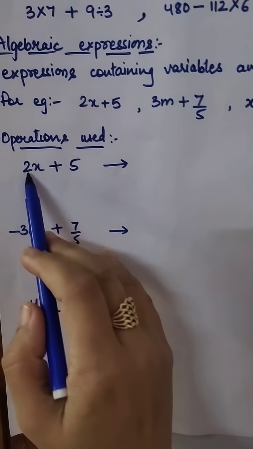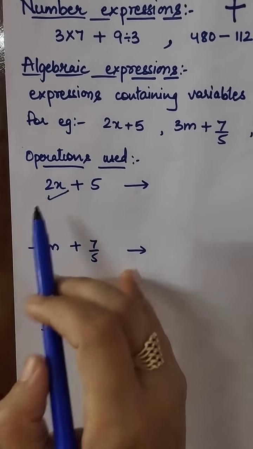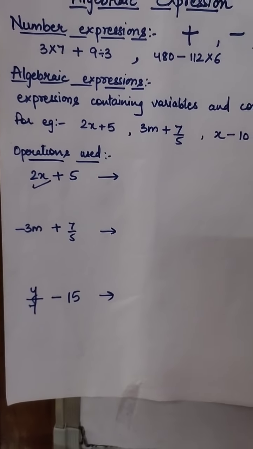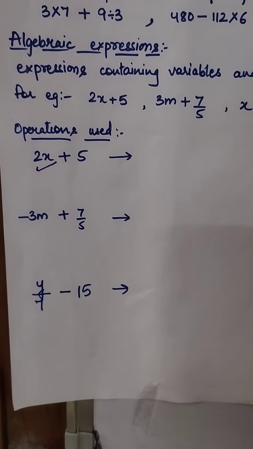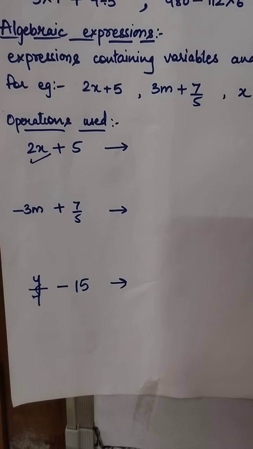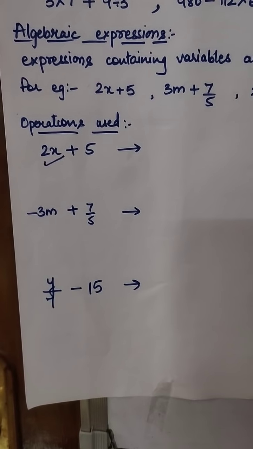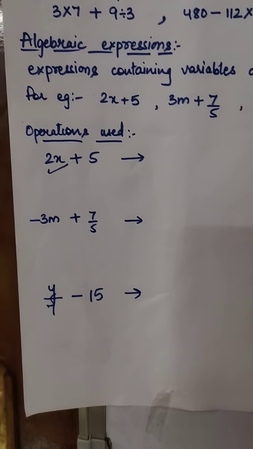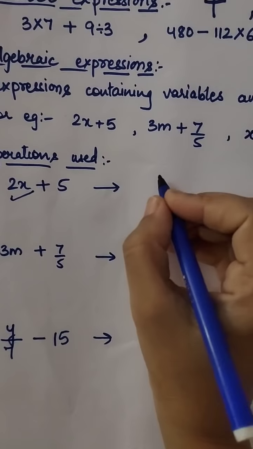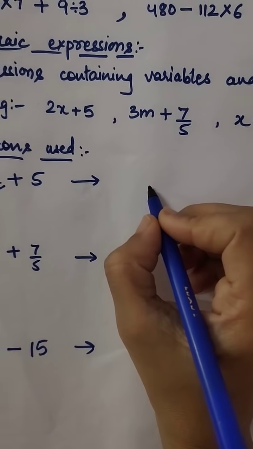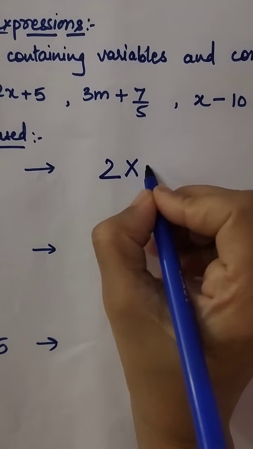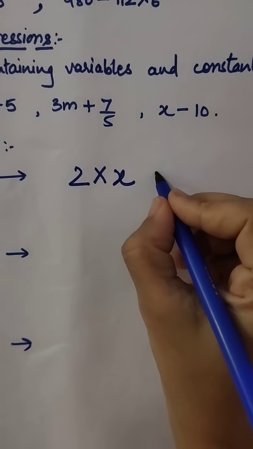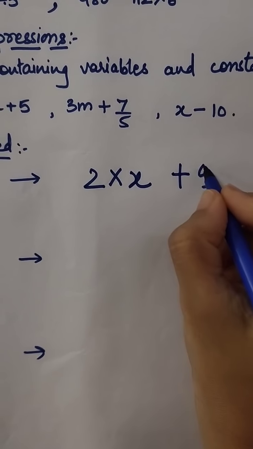As I told you in the previous class, what is 2x? 2x means, when there is no symbol or no sign between a variable and a constant, we always say that it is multiplication. Yes, we have done this in the previous class. So what we can say is in this expression, it is actually 2 multiplied by x plus 5.